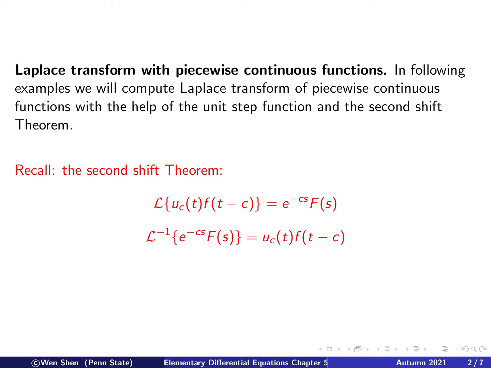Okay, so let's recall the second shift theorem. It says that for a function f of t, if its Laplace transform is capital F of s, then the shifted function u_c(t) times f(t minus c), the Laplace transform of that is the Laplace transform of f, the unshifted function, times an exponential e to the negative cs, where the c here is exactly the amount that you shift.